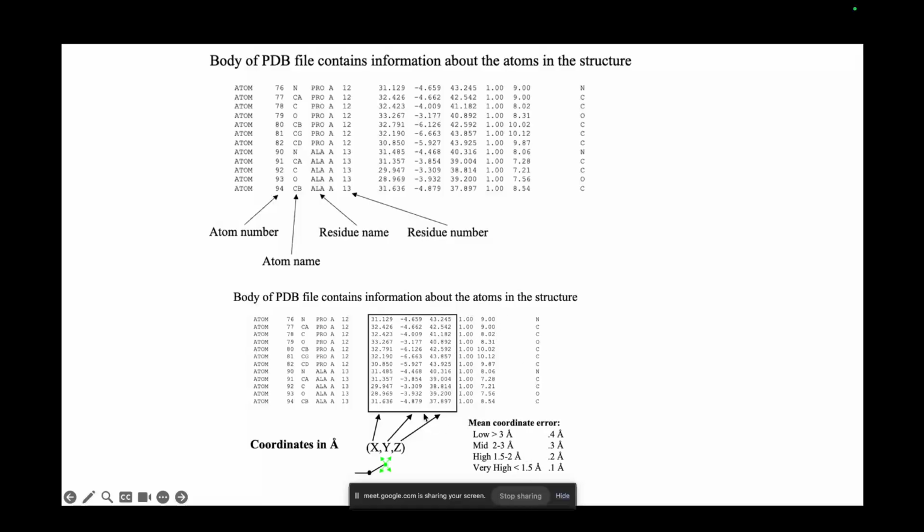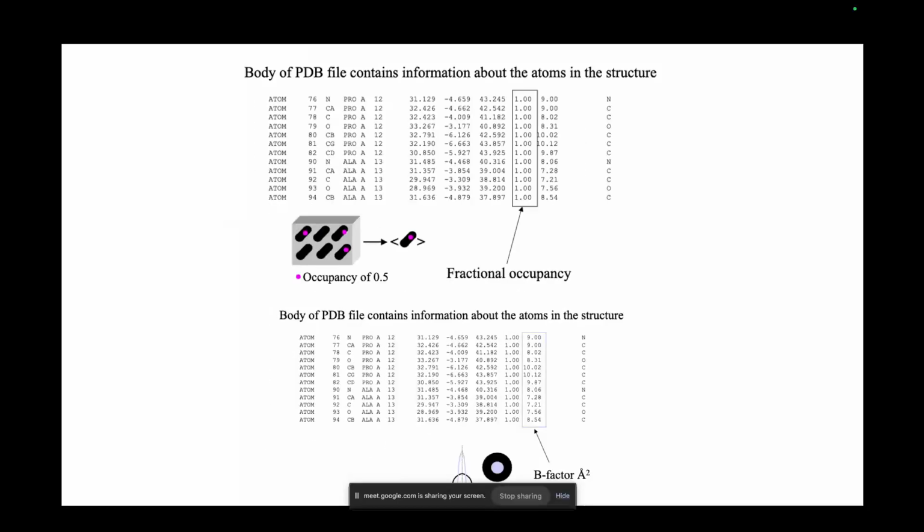There is also an error involved in this set of coordinates, and they define whether it is high, low, or otherwise. So this is in general how we generate and store the data for these complex 3D structures of proteins.